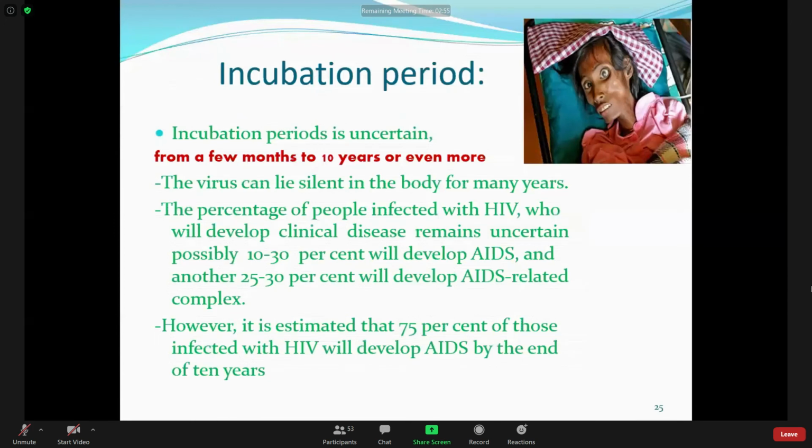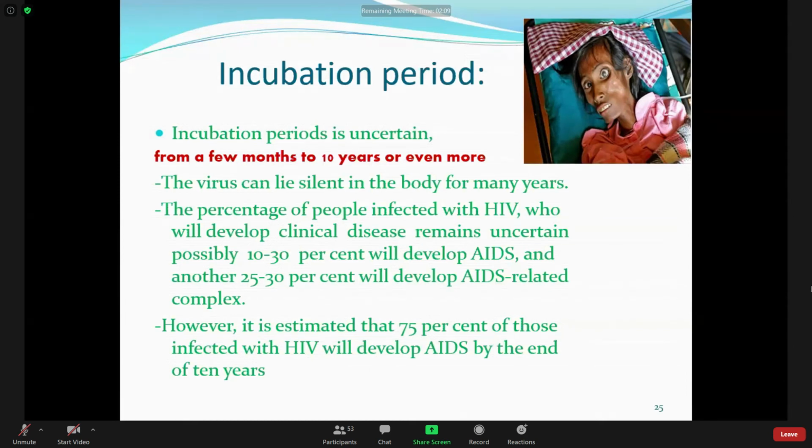Okay, the incubation period varies from 6 months to 10 years or even more, generally 9.2 years. The virus can lie silent in the body for many years, so there may not be signs and symptoms. In the window period, the blood examination becomes negative, yet the person can transmit the disease from one to another. After the window period, there is seropositivity.